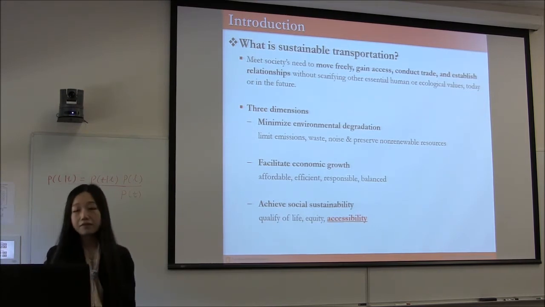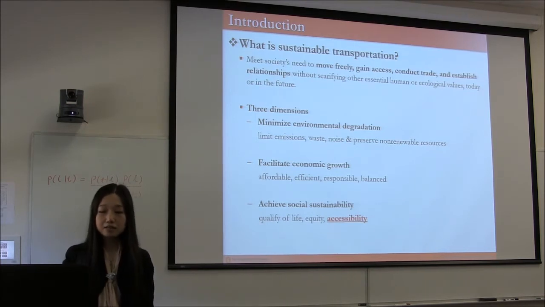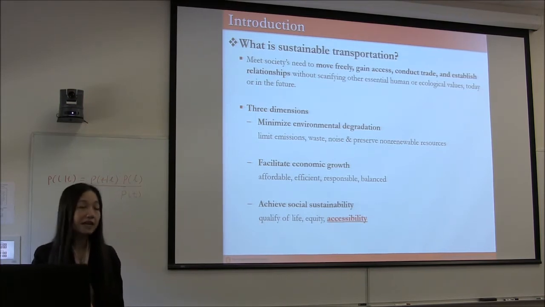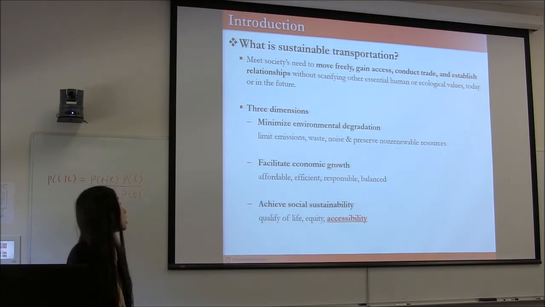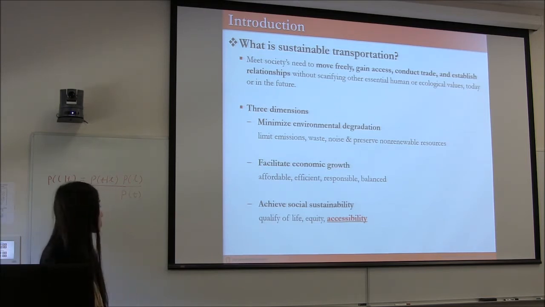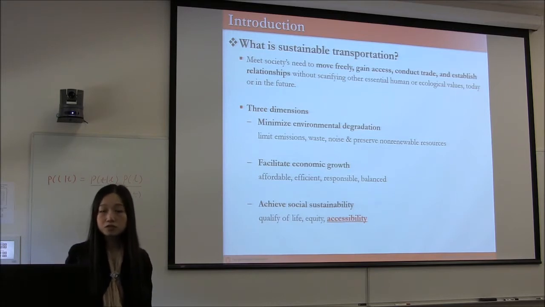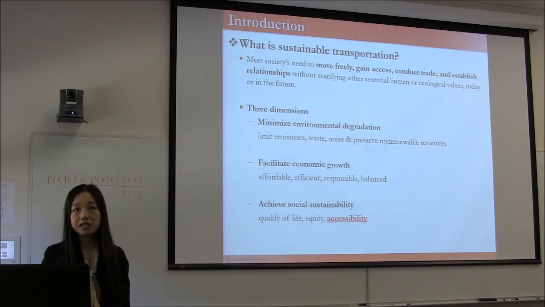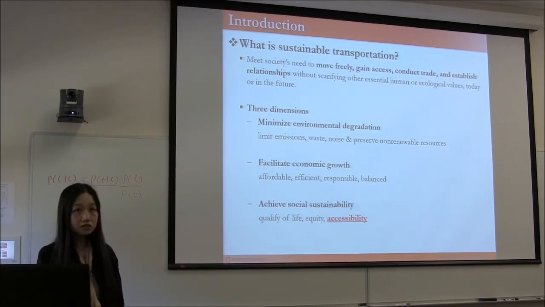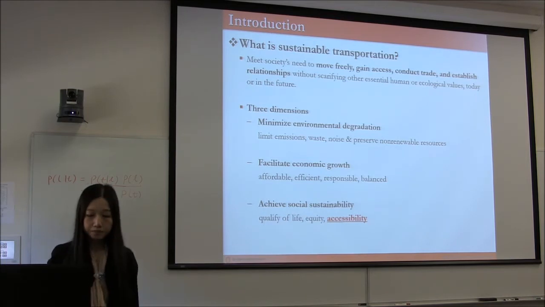We need to have economic progress that is affordable, efficient, and balanced with other urban development. And last but not least, we also want to achieve social sustainability, and one aspect of it is to provide accessibility to individuals, to activities, services, and other people.